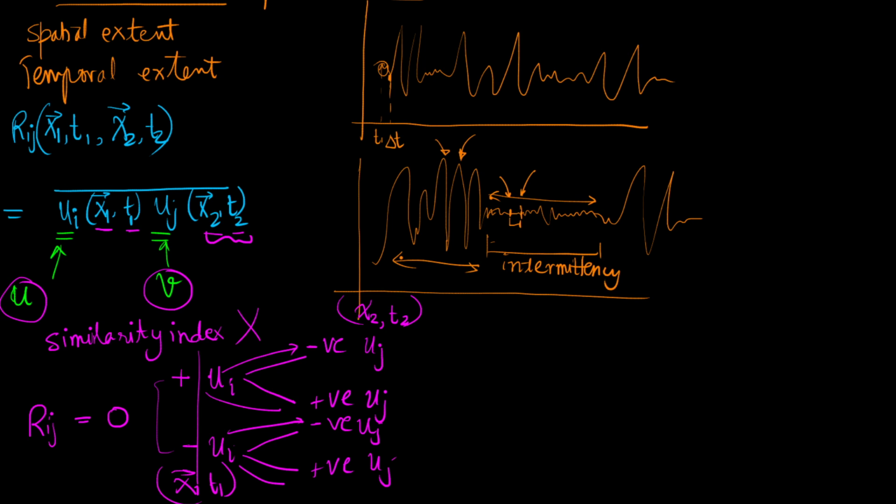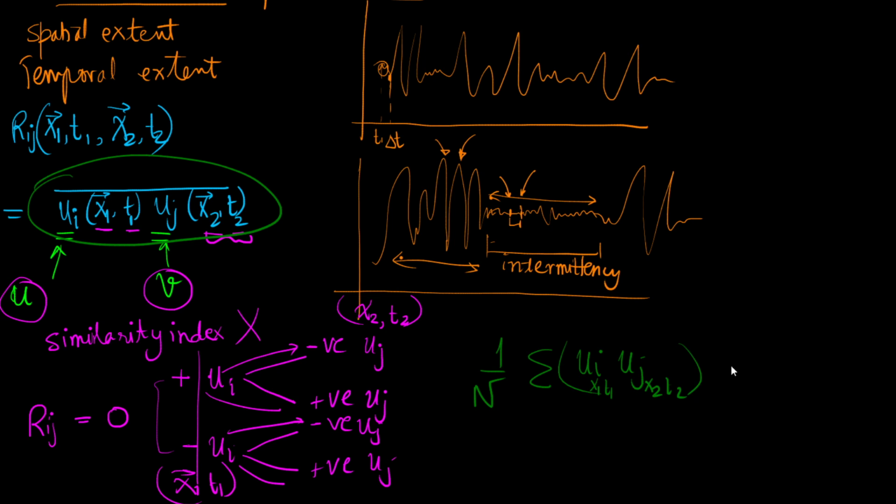So basically, if you recall, this particular term is essentially 1 by n times the summation of ui uj, where ui is evaluated at x1, t1 and uj is evaluated at x2, t2, over all the ensembles n equal to 1 to n.